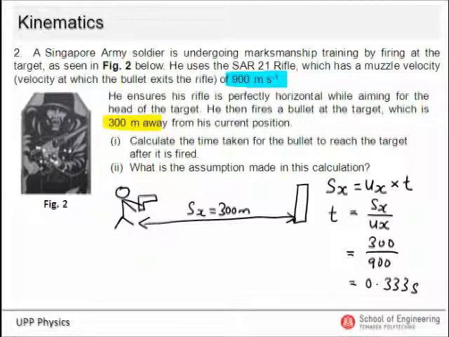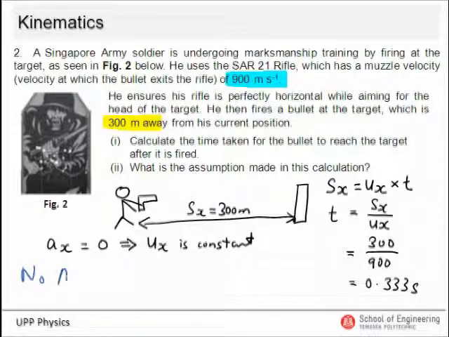Alright, in answering this question, we have assumed that the horizontal acceleration is 0, and this will imply the horizontal speed is constant and it does not change with time. And what leads to the horizontal acceleration to be 0?